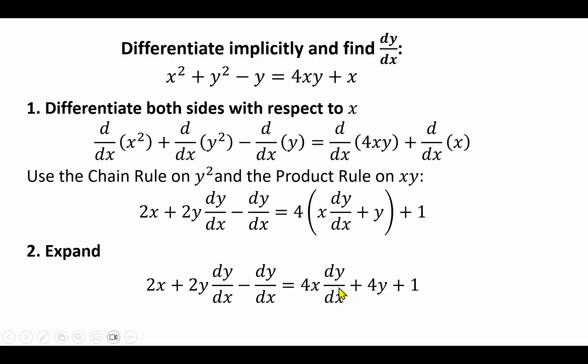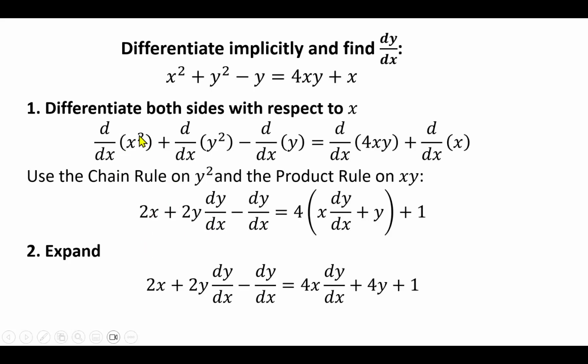Let's look at an example. So an example where you would apply implicit differentiation would be this equation. And so I want to find the derivative, which you can represent as dy over dx. So you apply the derivative on each term on both sides of the equation. And anytime that you have a y, you're going to apply the chain rule.